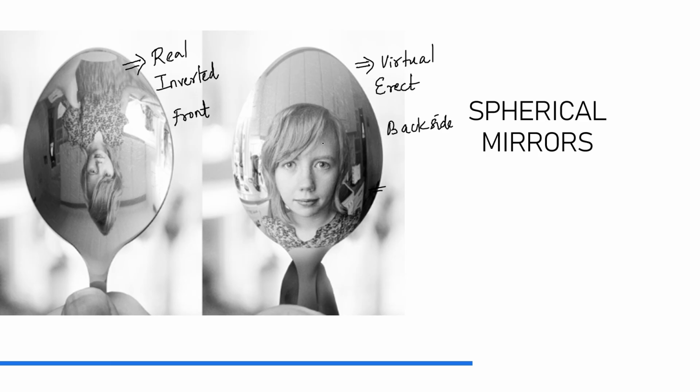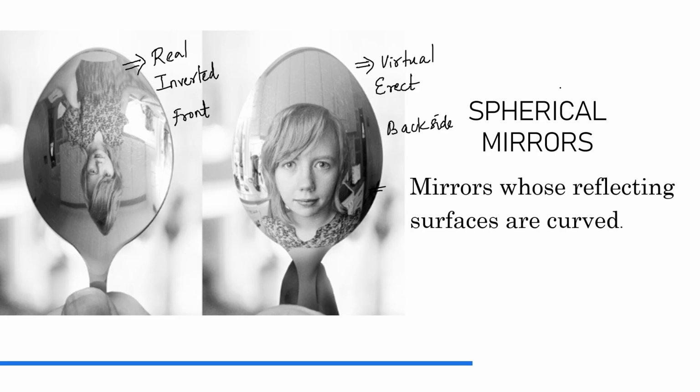Okay. So this front side and back side of the spoon acts as two different types of mirror. So what is the speciality of the spoon? Yes, the spoon is spherical in shape. That is why we call it spherical mirrors. So what are spherical mirrors?